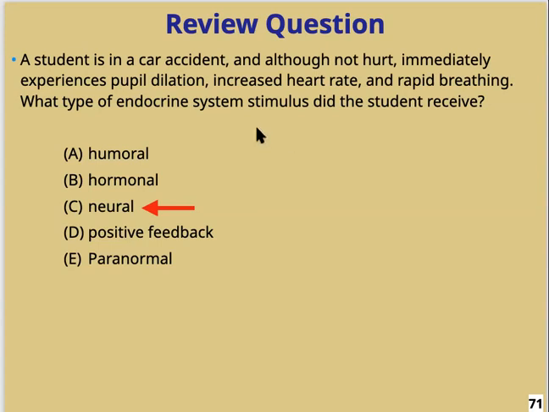How does that system work? We've got stimulation of the adrenal medulla by neurons, causing its secretion of epinephrine and norepinephrine. So therefore it's a neural stimulus. And that concludes this lecture.